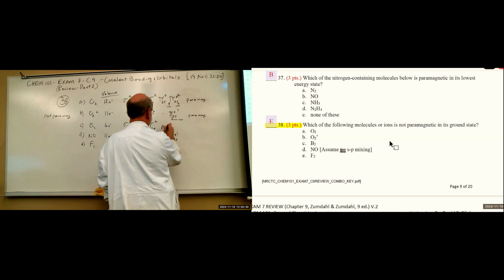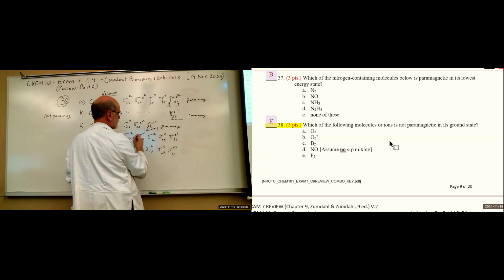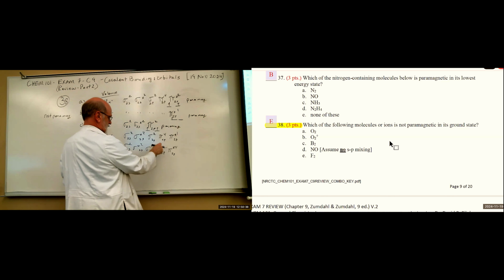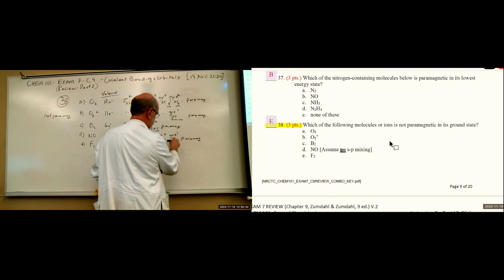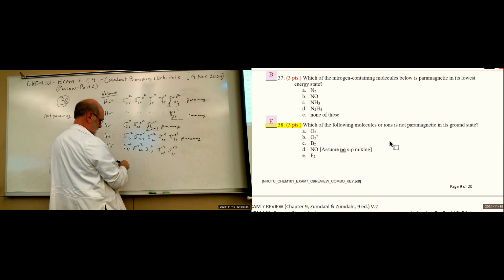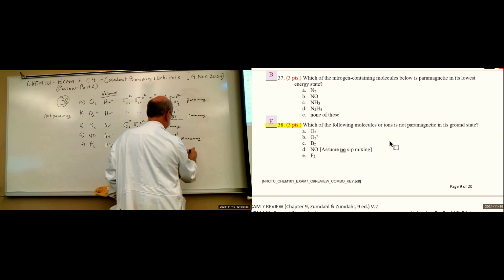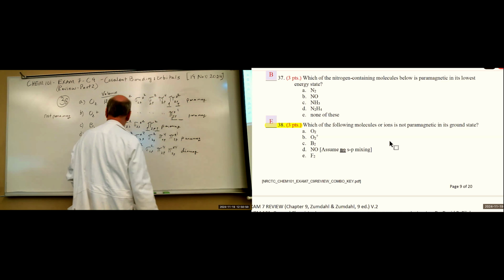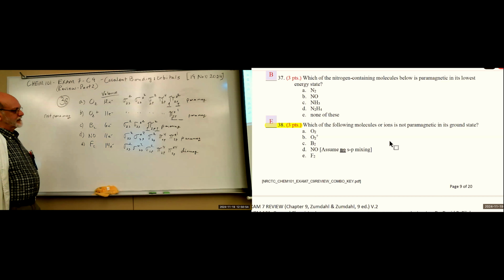This one's paramagnetic also, because it has 2 and only 1 each, like that. This one's paramagnetic. Right, so I got 1 here. And this one is diamagnetic. That's the E. Not paramagnetic.